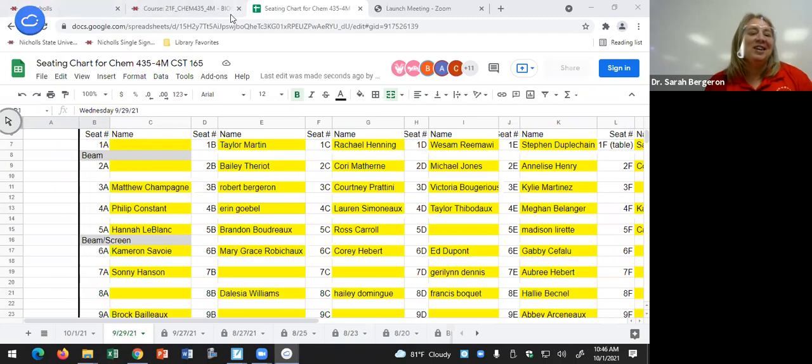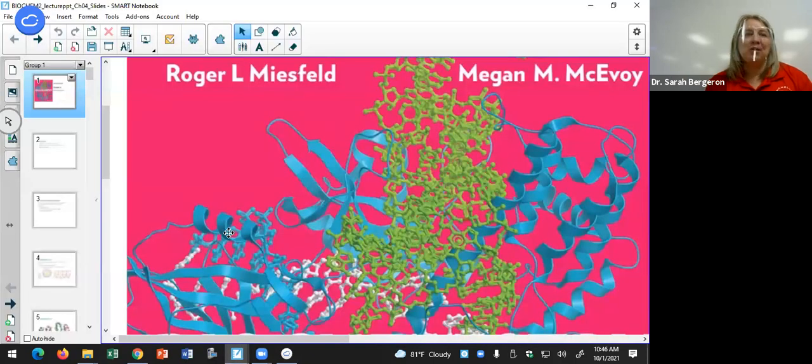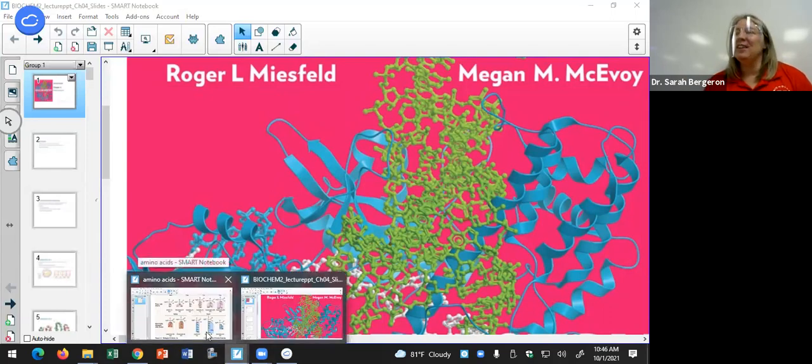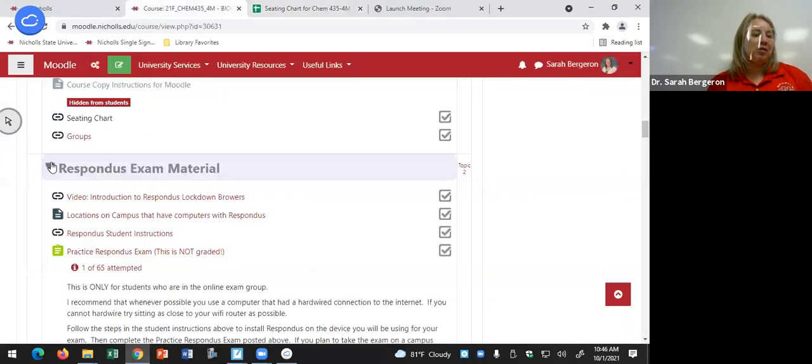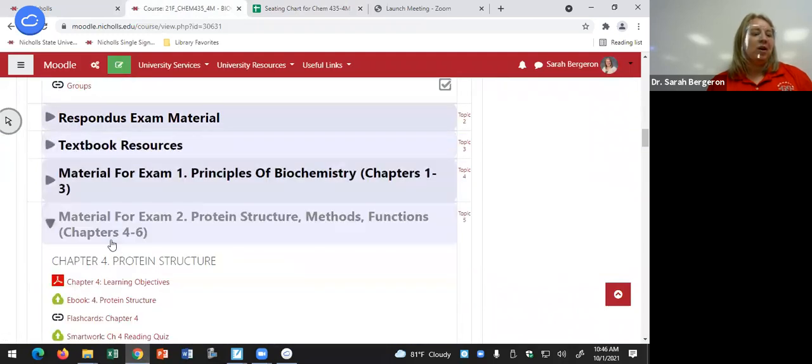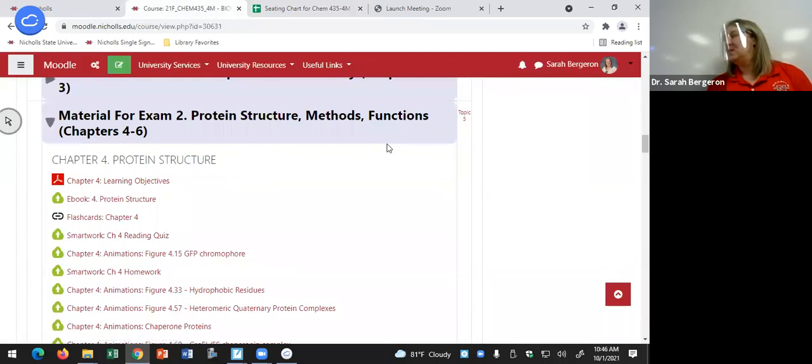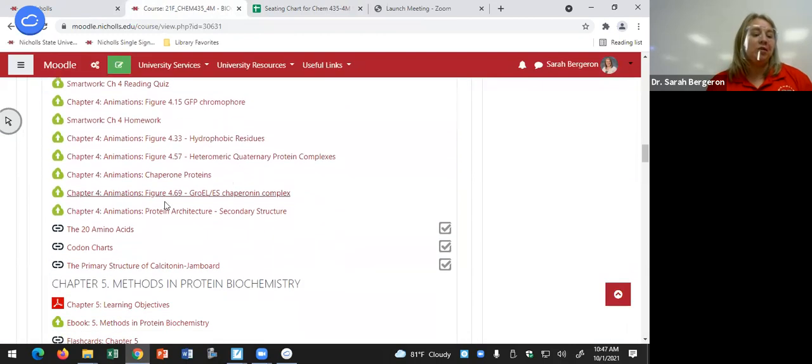All right, so we're starting a new chapter today. We're starting on chapter 4. I want you to go and get something real quick on Moodle. We are on material for exam 2: protein structure, methods, and function. So basically all of exam 2 is proteins. There are the 20 amino acids. I would get that and have it next to you for a while because you need to learn your amino acids, and we're going to talk about all of them.